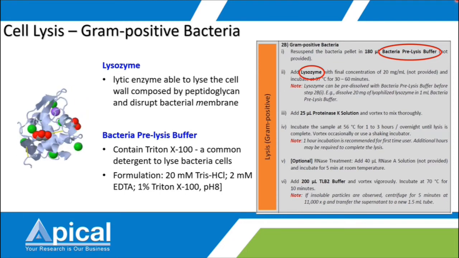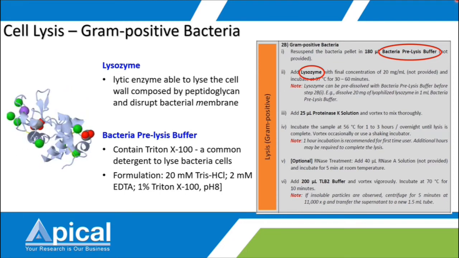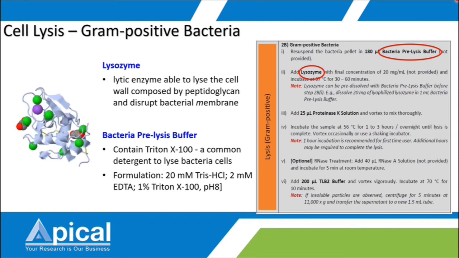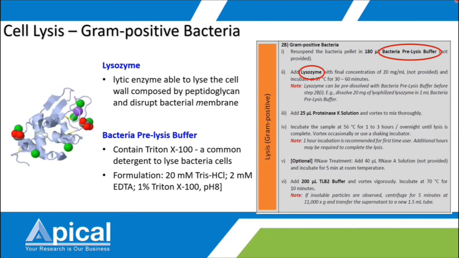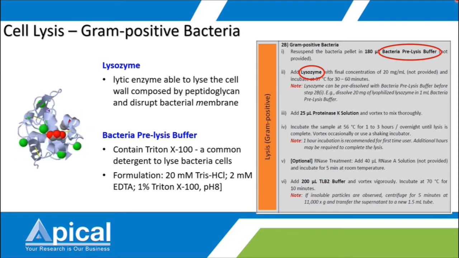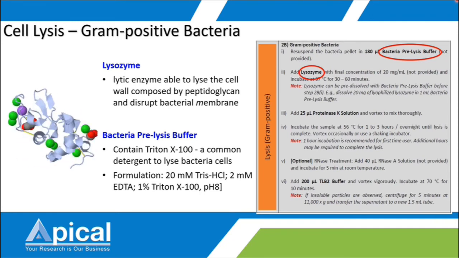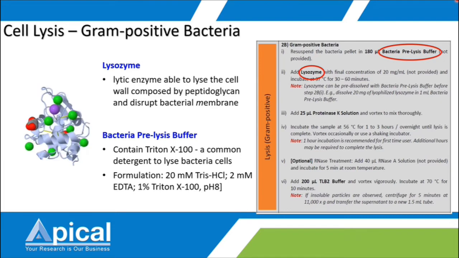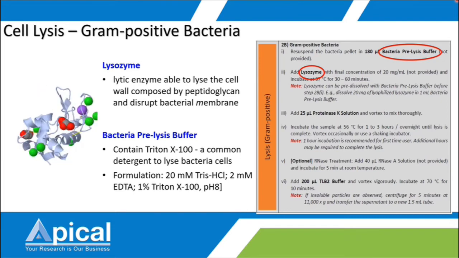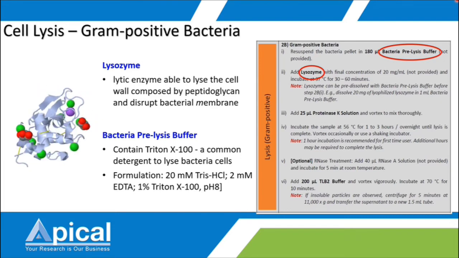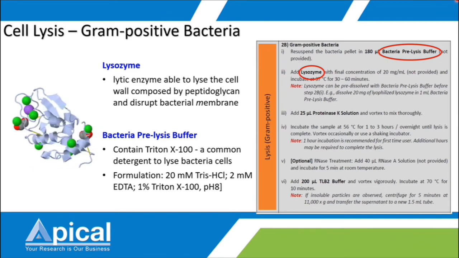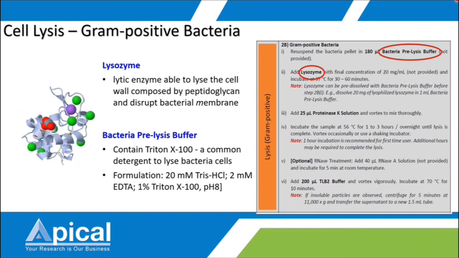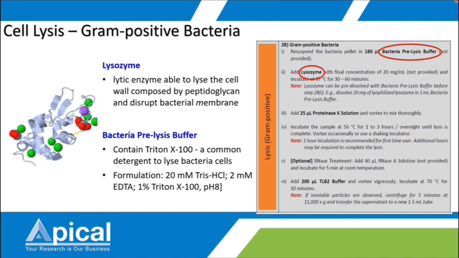So if you skip this step and find that the yield you determine is very low and you cannot get good amplification from the extracted gDNA, then it is advisable to consider performing this step.